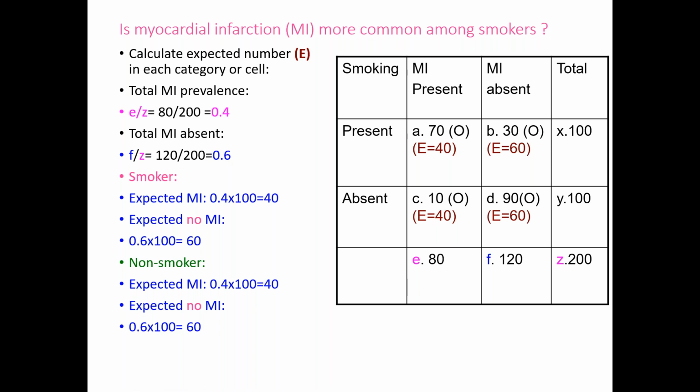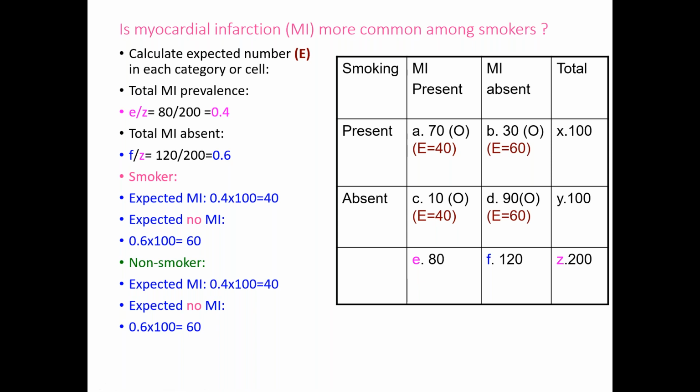Now, how to calculate the expected value? Presuming the null hypothesis, that there is no significant difference between the smokers and the non-smokers, I club them together. So the total is 80 MI present in the population of 200. This is the expectation.